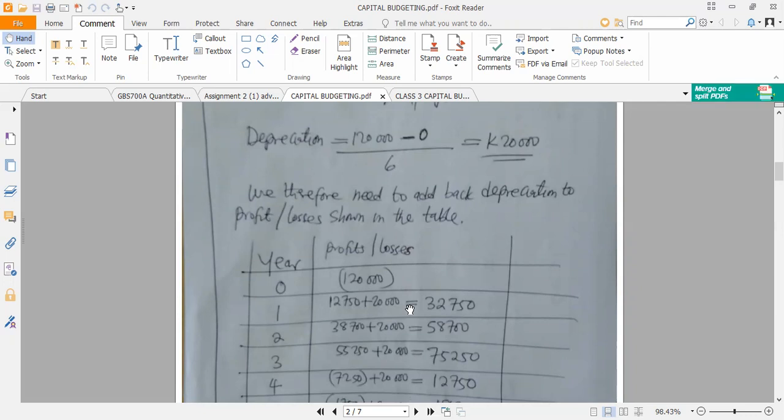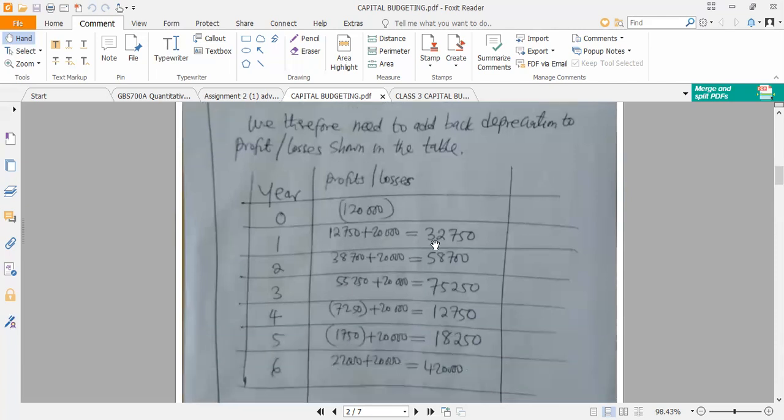It is the same as when you purchased your vehicle some time back at a certain amount, maybe 70,000, and today you just assume that it has depreciated by so much, but the physical cash from that vehicle hasn't been seen. There's no physical cash involved there. That's the reason why we add back the depreciation to those profits or losses to get the original cash flows as they come.